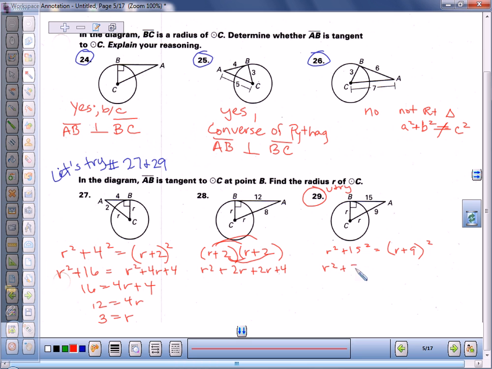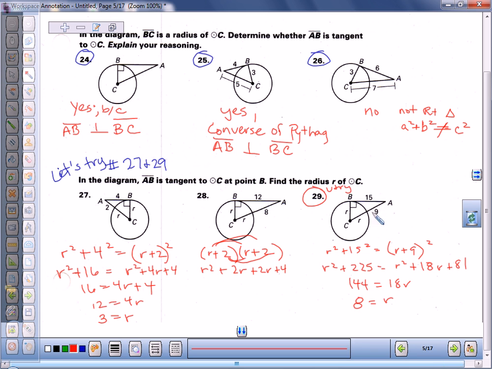So we get R squared plus 225 is equal to, when you multiply that out, you should have gotten R squared plus 18R plus 81. So the R squareds cancel and we get 144 equals 18R. So R equals 8. And so that gives us 8, 15, 17, which is one of our Pythagorean triples.